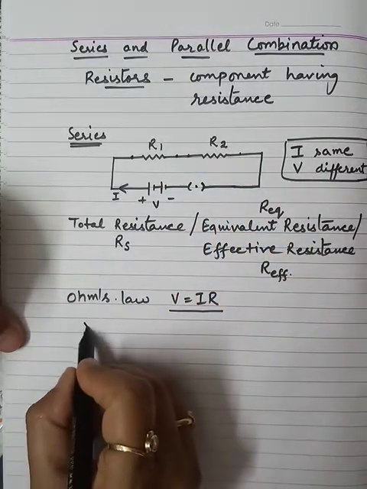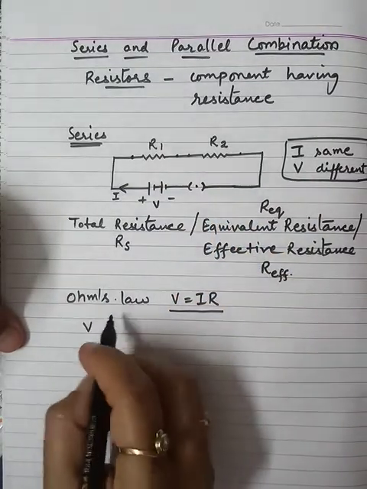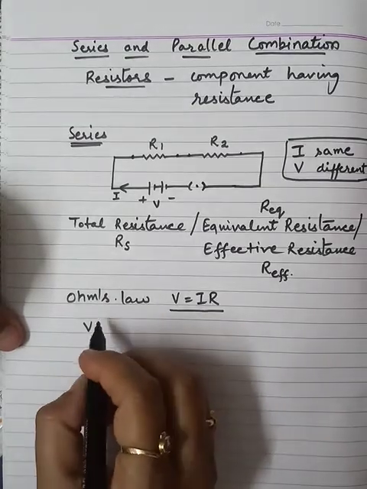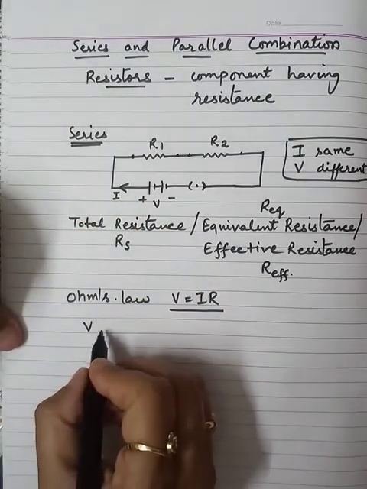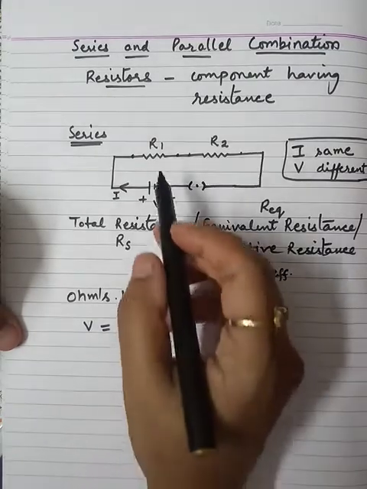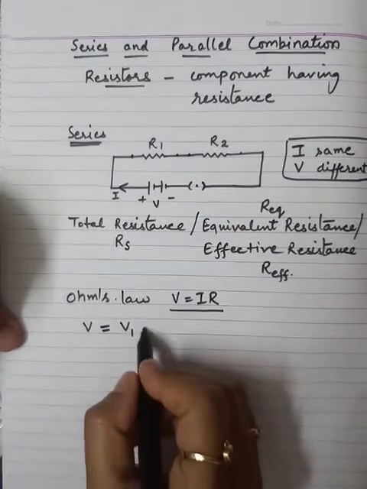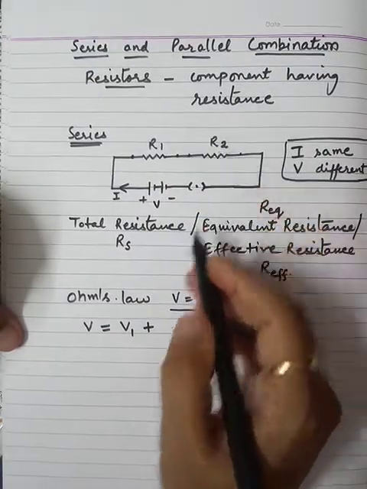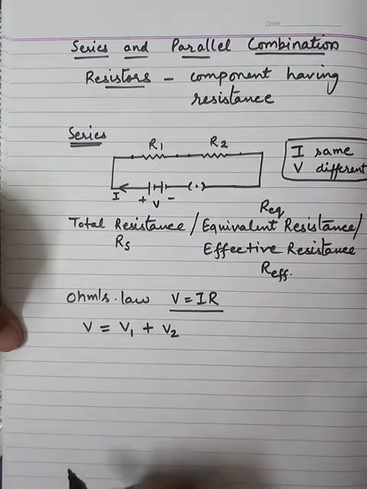Okay, so we start from here and we can find out a mathematical formula for series combination. Total V is equals to V1, V1 is potential difference across R1 plus V2, that is potential difference across R2.